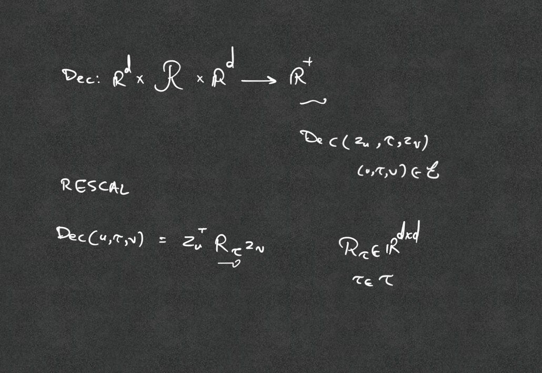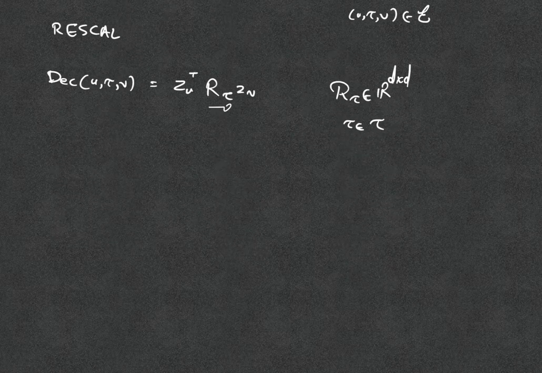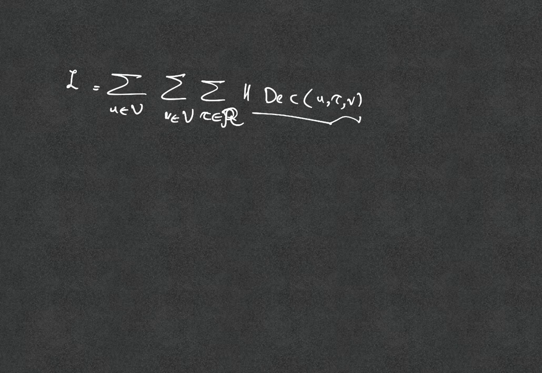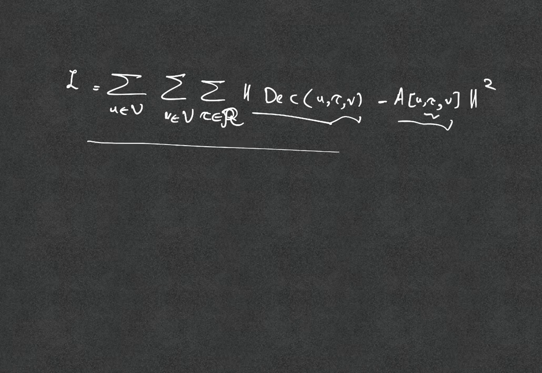And then a basic reconstruction loss can be used in order to achieve that. Meaning that, defining a loss, we want that if we sweep all of the possible nodes and relationships, we again use the normal square loss. We want this decoder value, which we have defined as before, and the adjacency matrix, which this time includes the relationship as well and is therefore a tensor, and we want to minimize this sum.